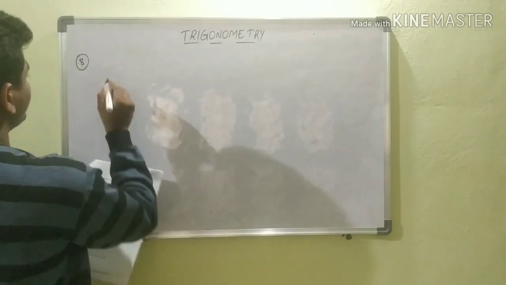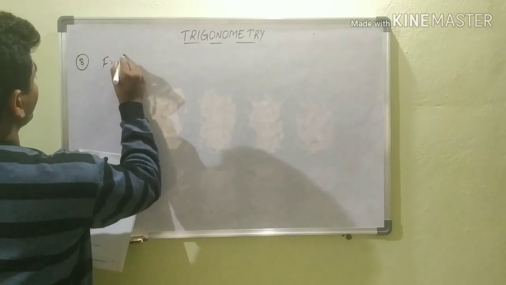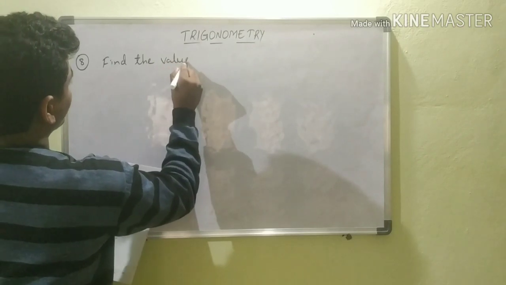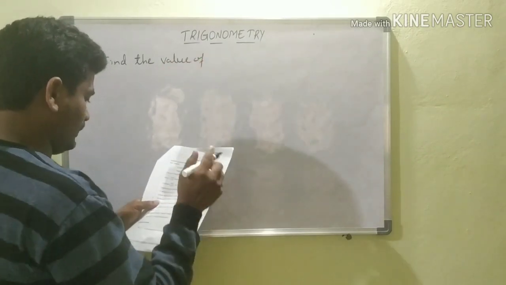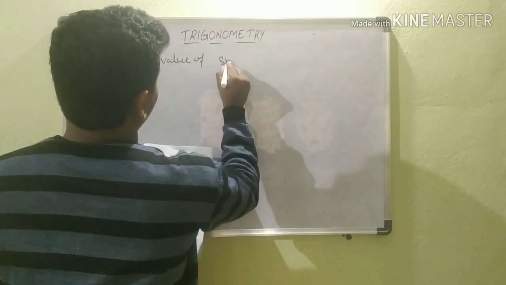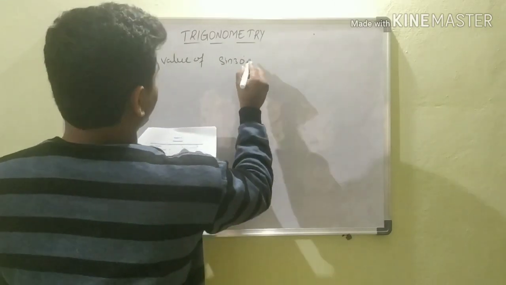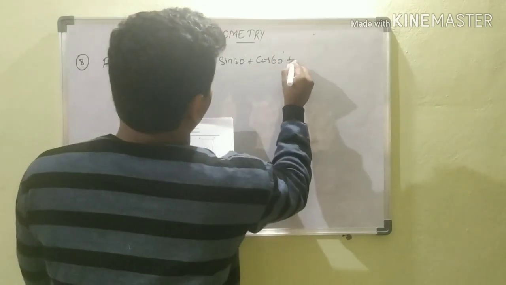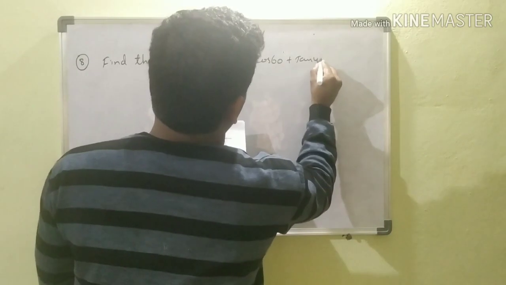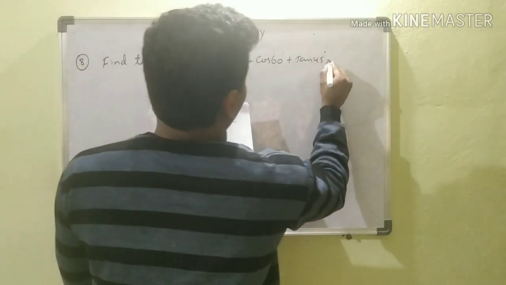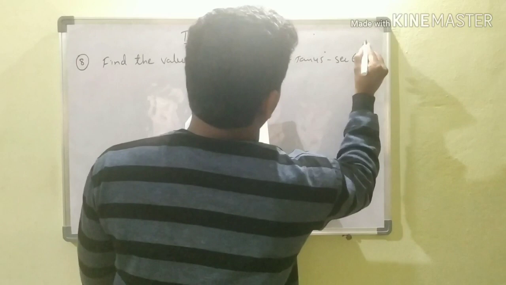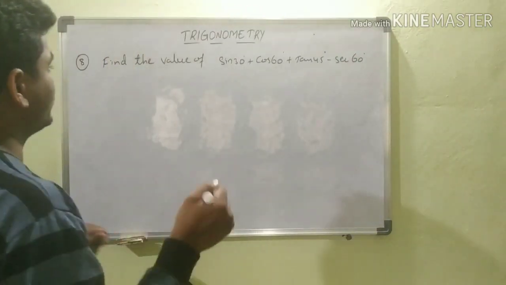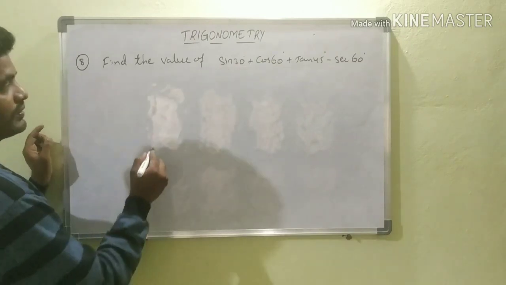Find the value of sin 30 plus cos 60 plus tan 45 minus sec 60 degrees. Okay, for this one, we have to substitute.